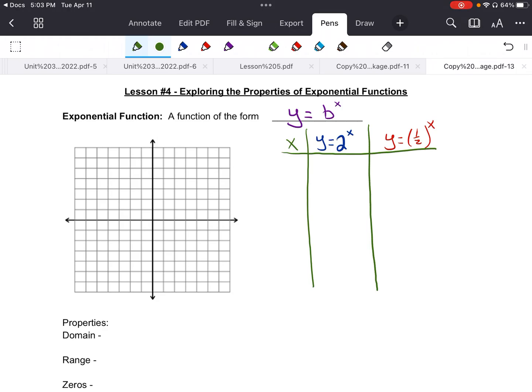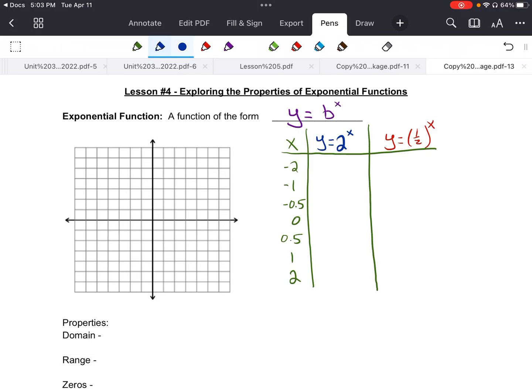For exponentials, we're going to use -2, -1, -0.5, so half, 0, and then we'll do the same going up. Okay, and that'll make sense in a minute.